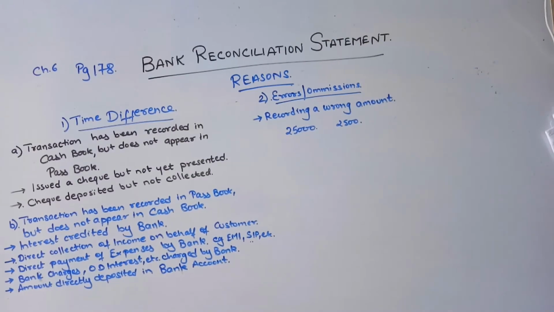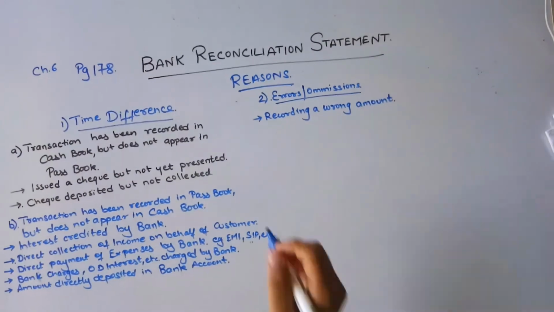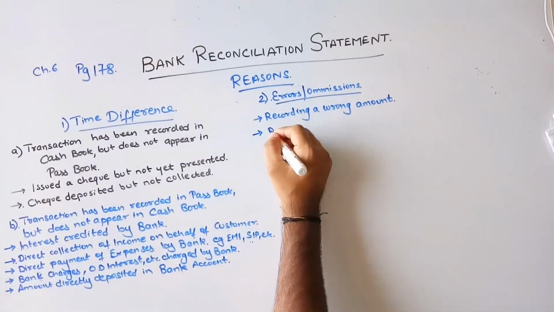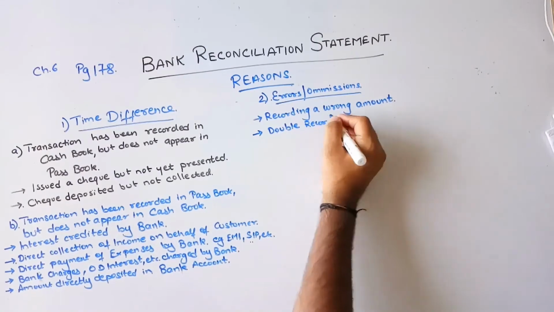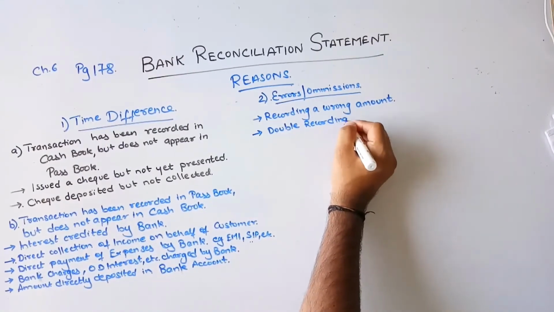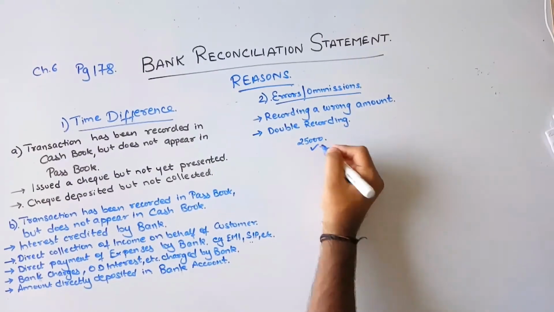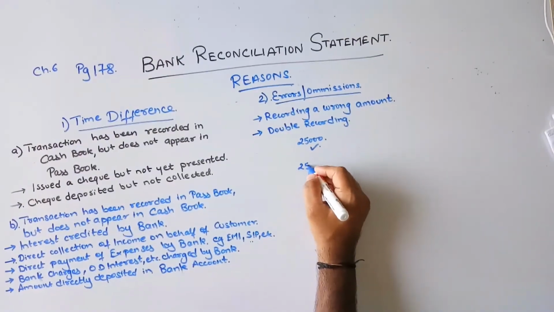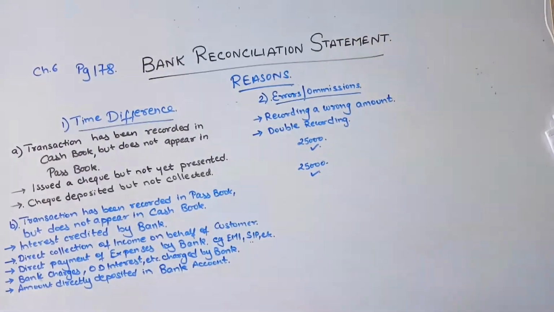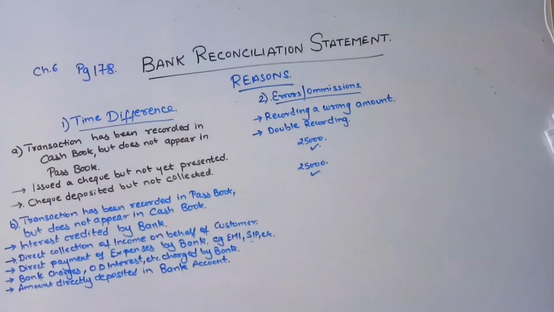Okay guys, then you can also have double recording. What do you mean by double recording? You received a check of 25,000, you recorded it in your cash book, but at the same time when the check went to your accountant, he also recorded again the same amount of 25,000. So this has been recorded twice in your books of accounts, which is an error.